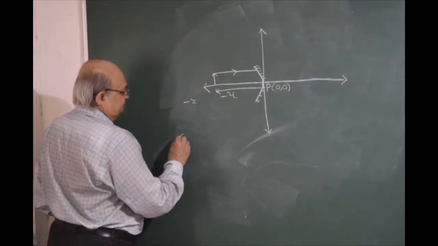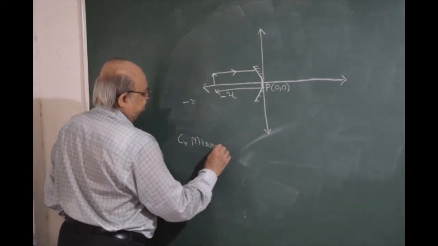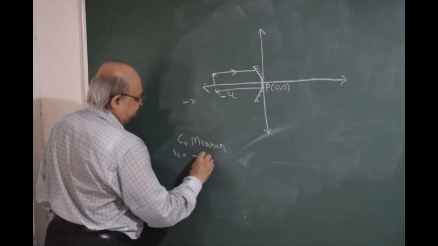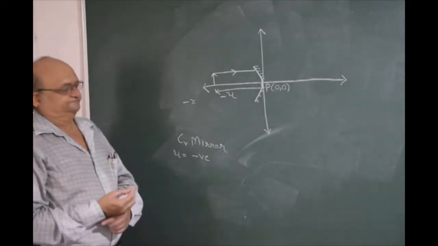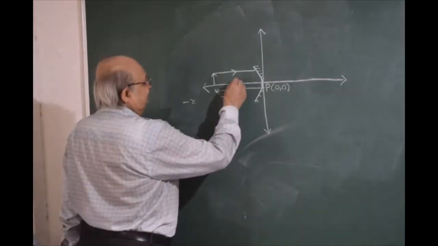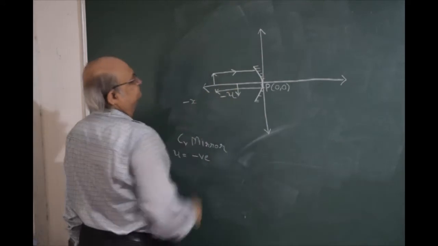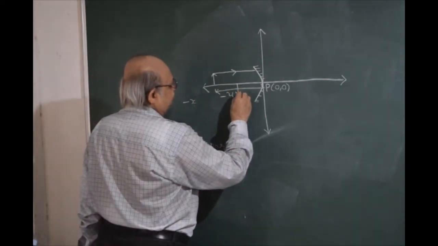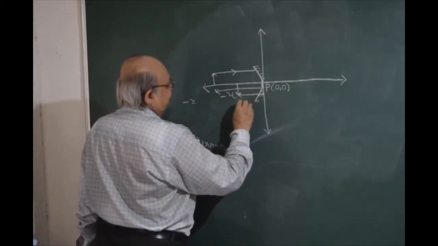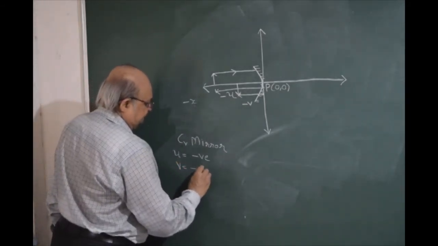Let us continue by making a table. The image will be formed somewhere here. Again, the distance will be measured on the negative side, and therefore v will be negative as well.